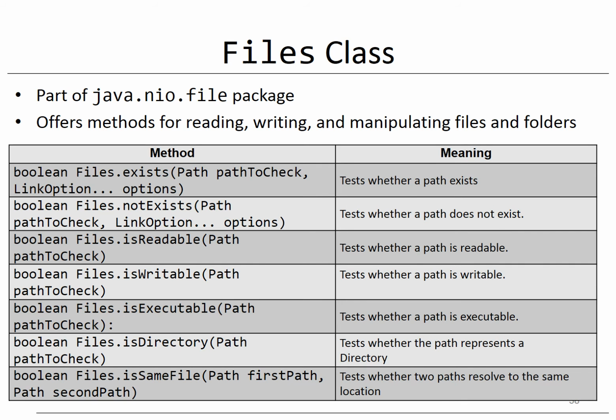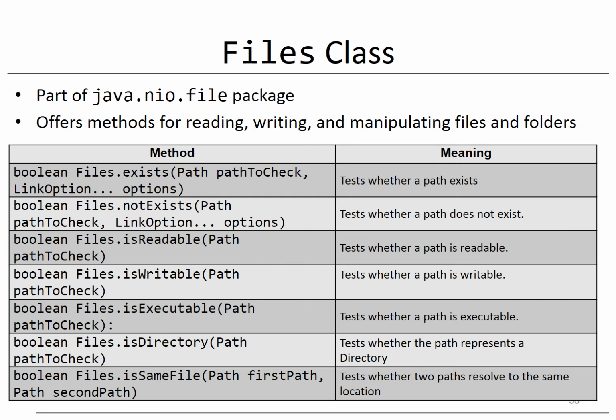Apart from the Path interface, the Files class is the other most important class contained in the java.nio.file package. This class offers a set of static methods for reading, writing, and manipulating files and folders. Here you can see some example methods listed. Both the exists and notExists methods check whether a path exists.